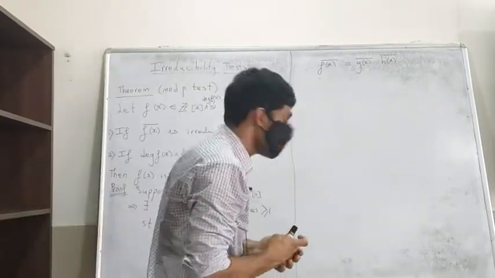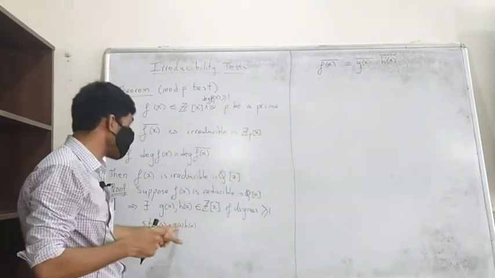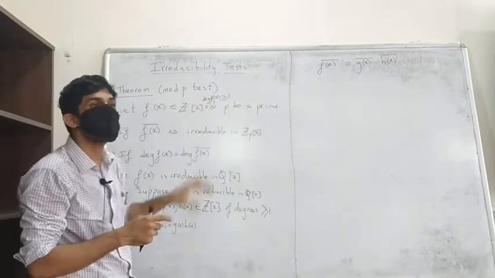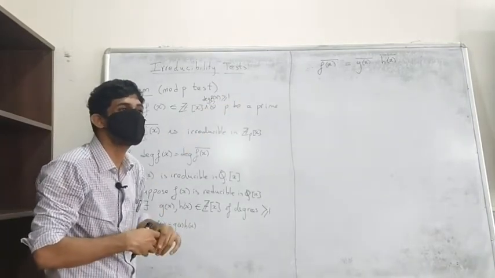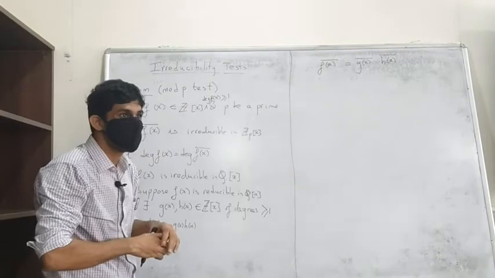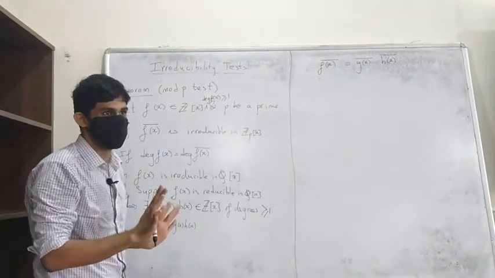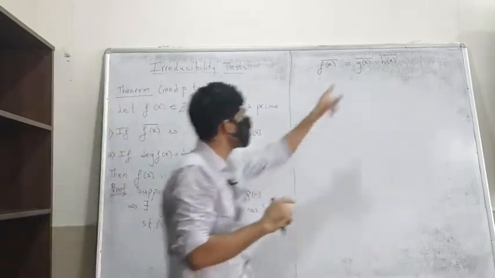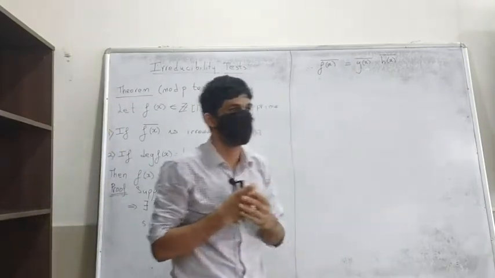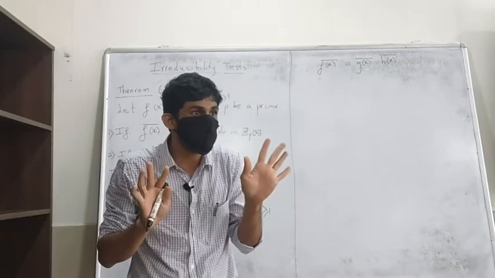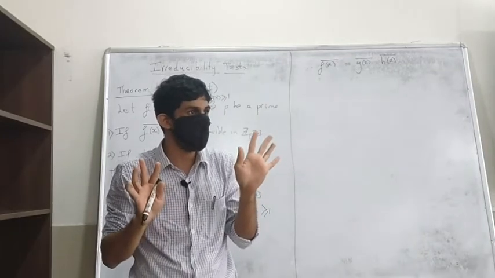Yeah? But how do you know that the degrees of g bar and h bar are the same as the degrees of g and h? We know that the degree of f bar and f is the same. How do you know that the degree of g and g bar is the same? When I take bar, the degree need not always remain the same, right?